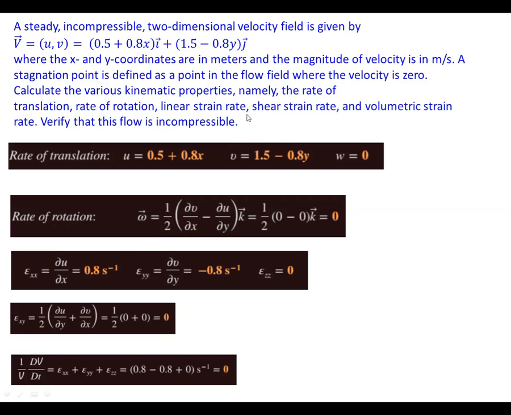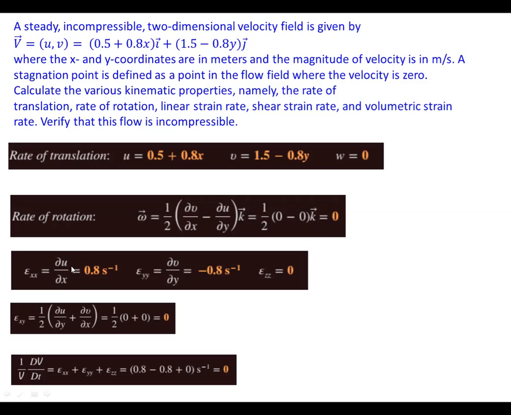If you differentiate the v velocity with respect to x, and u with respect to y, there is no y component, so this is 0, and there is no x component, so this is 0. So the rate of rotation is 0.